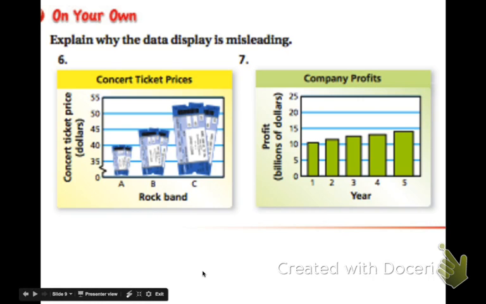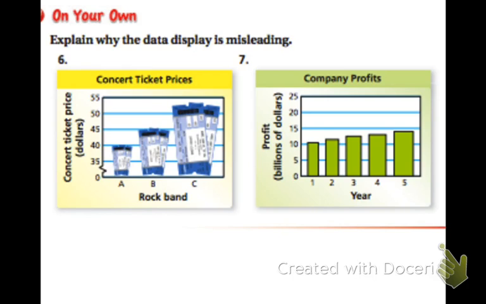So let's take a look at a couple graphs. For number 6, it says explain why the data in the display is misleading. On the left, for the concert tickets, you have your ticket price and your rock band. Because the tickets vary in width and there is a break in the vertical axis between 0 and 35, the difference in ticket prices appears to be greater.